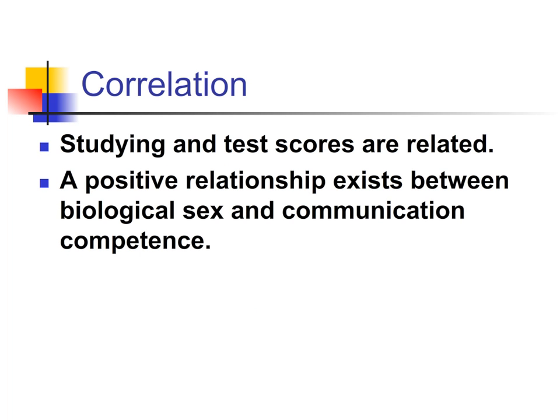So here are a couple of examples of hypotheses. Studying and test scores are related. We're not saying how, positive or negative. We're not indicating that. We're just saying that these two things are related. As studying goes up, test scores are going to do something. As test scores go up or down, studying is going to do something. The interesting thing about correlation is that we don't stipulate which one's the independent and which one's the dependent variable.